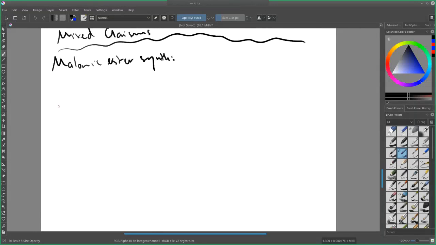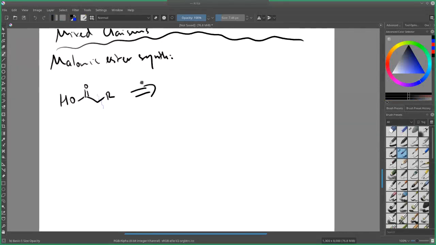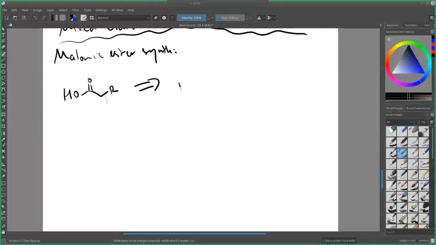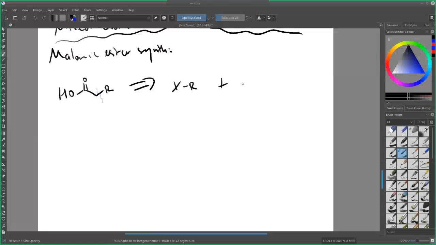So the idea here is just that whenever you want to make substituted acetic acid like this, you can make this just by having a halide or tosylate on your thing, and you use something called malonic ester, which should look something like this.